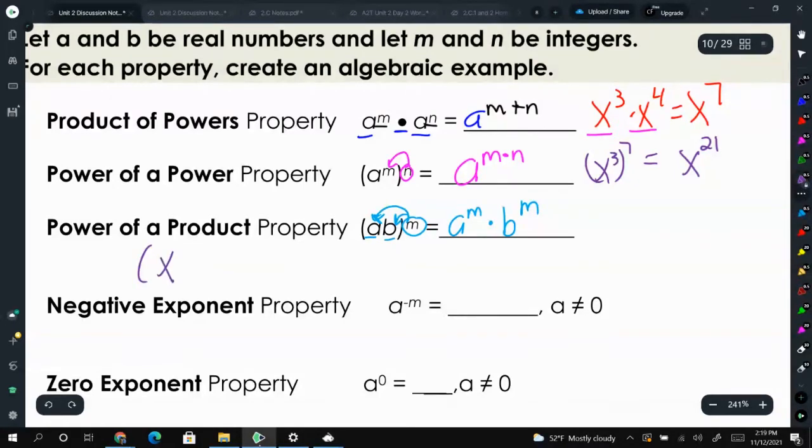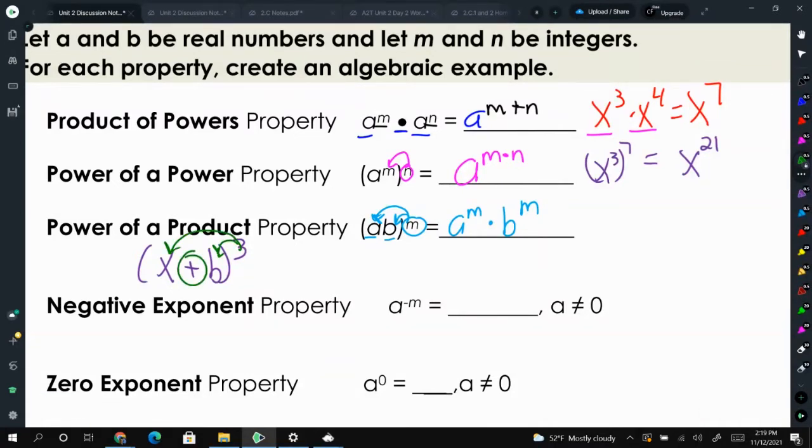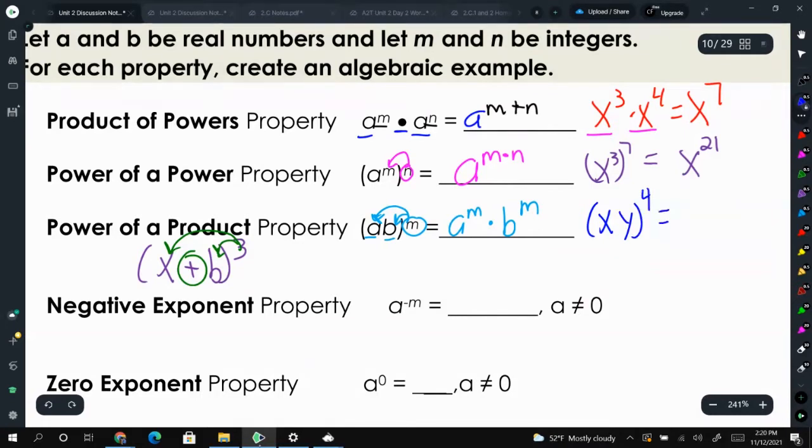Now, back a while ago, I said that you could not distribute the exponent in this instance, and the reason for that is because you have a plus. We don't have that in this problem. We have two things being multiplied, so we can distribute the exponent. Like, for example, if I have x and y raised to the fourth power, that's x to the fourth times y to the fourth.